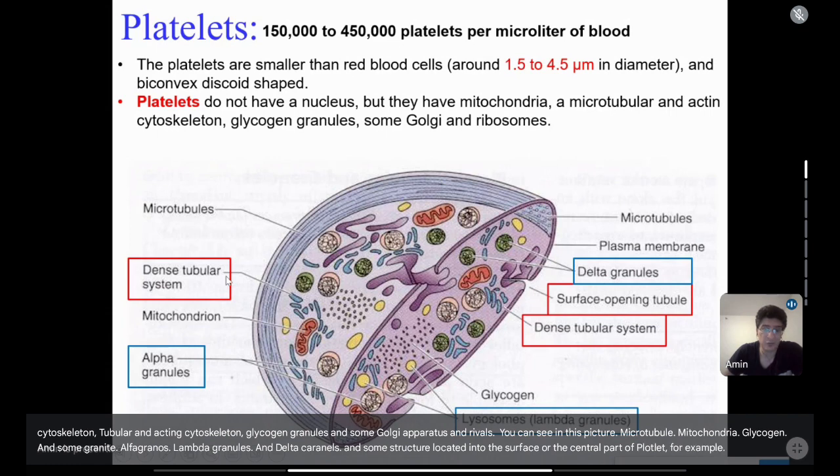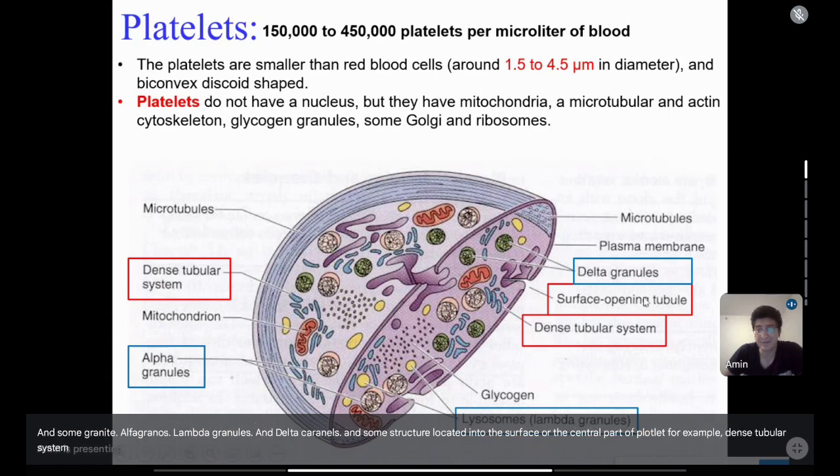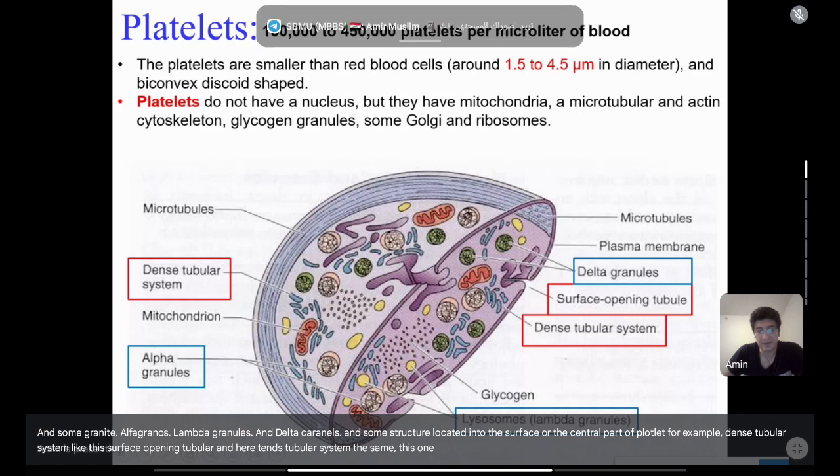For example, the dense tubular system like this, the surface opening tubular system, and here the dense tubular system, the same as this one. This is the ultrastructure or morphology of the platelet or thrombocyte.